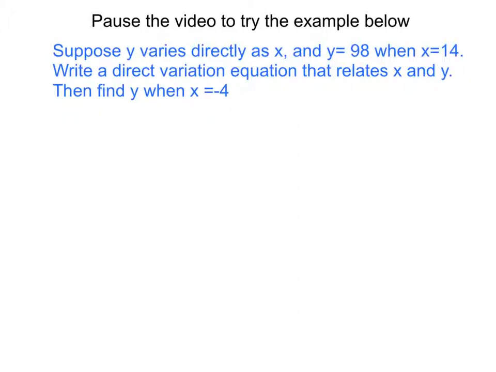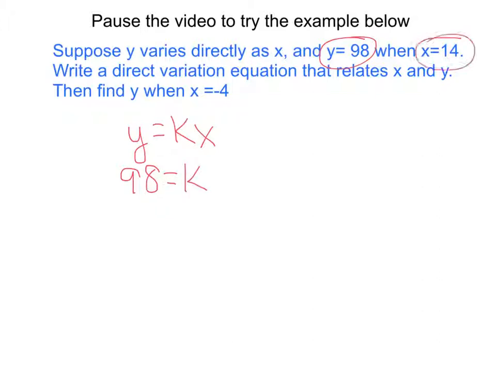So to complete this, you first want to write the direct variation equation that relates x and y. So remember the equation is y equals kx, y is 98, k is what you're trying to solve, and x is 14. So we divide both sides by 14, and we get k equals 7.